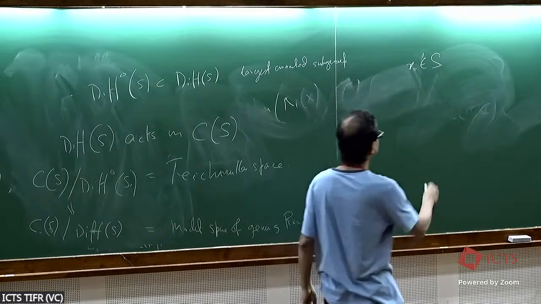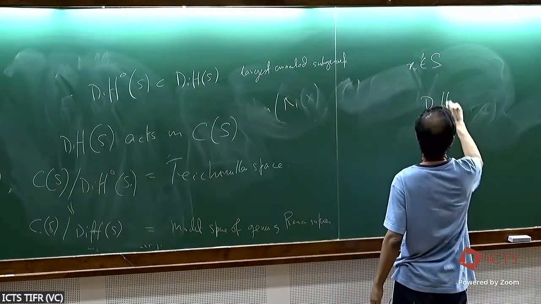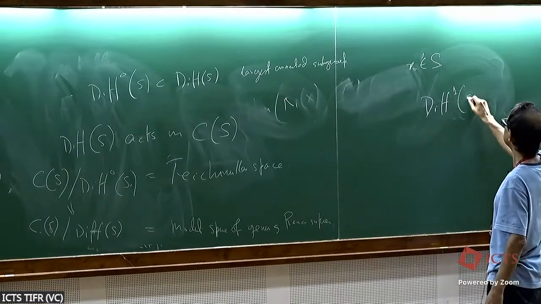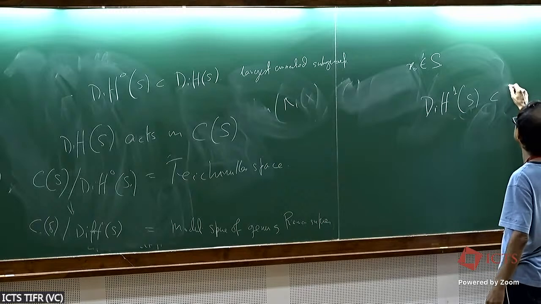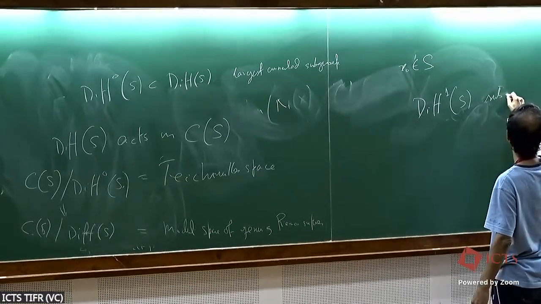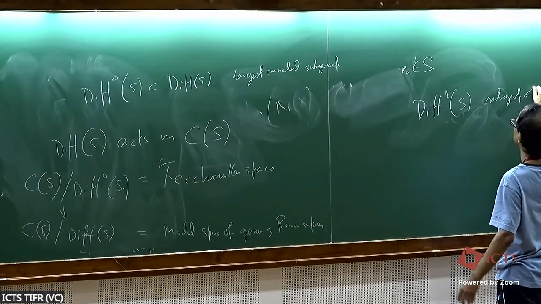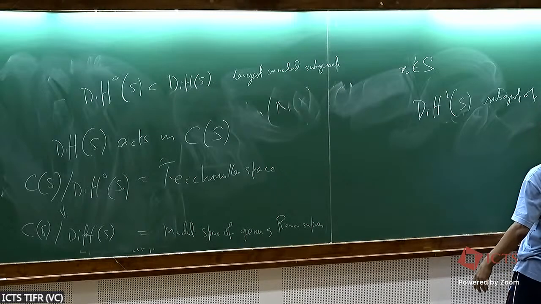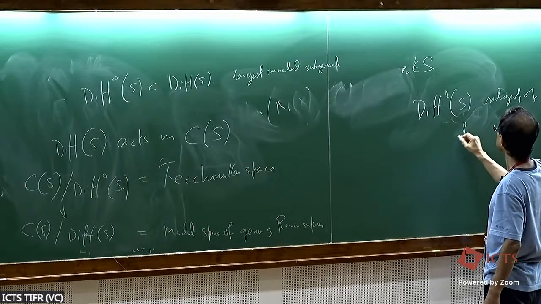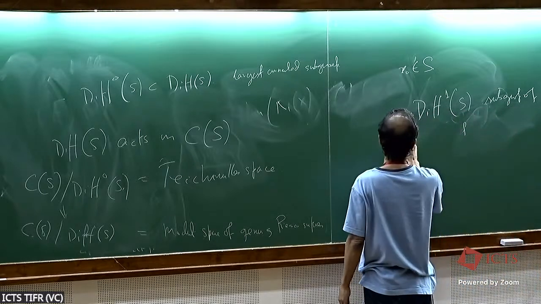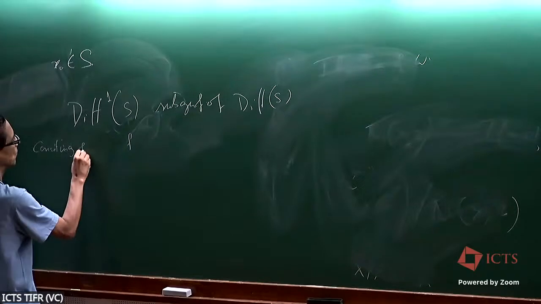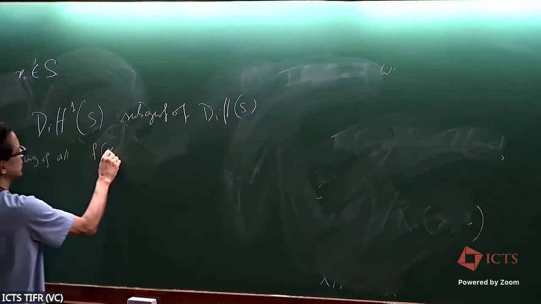Now Diff_1, I put a 1 here for some reason, is a subgroup of Diff S. Consider all diffeomorphisms f such that f of x naught is x naught.